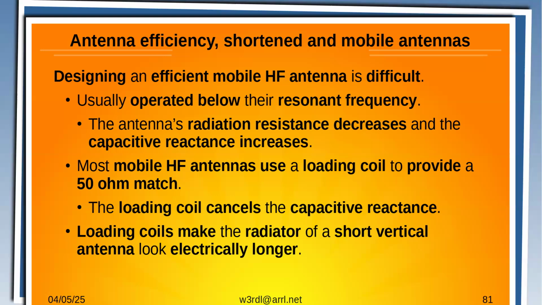Most of the time, you've got some kind of loading coil on that mobile antenna to match it to 50 ohms. And it's essentially just canceling out the capacitive reactance. So you're adding inductance, which is why it's a coil at the bottom as opposed to something else.